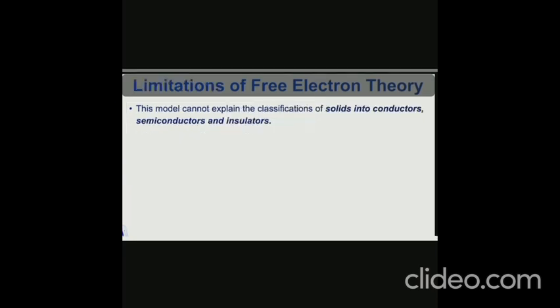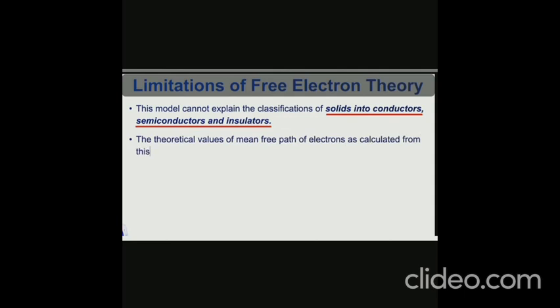And next, the several limitations of free electron theory. According to this theory, the conductivity of metals is proportional to the electron concentration, but this is not true for divalent metals like aluminum and zinc. This model cannot explain the classification of solids into conductors, semiconductors, and insulators. The theoretical value of the mean free path of electrons as calculated from this theory does not agree with experimental values.